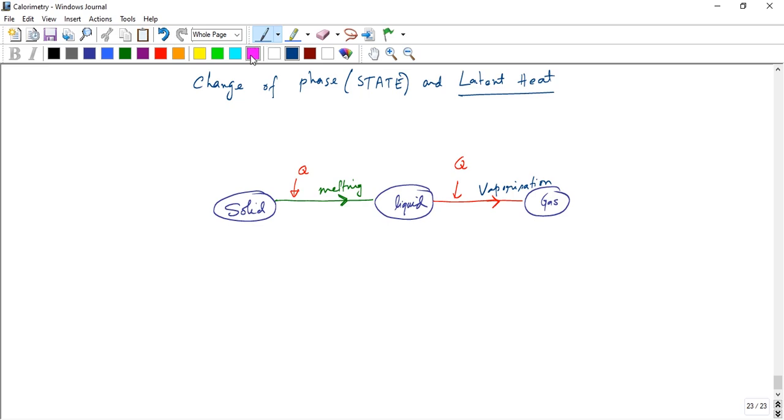Similarly, if gas releases heat, then gas turns into liquid, and this is called condensation. Similarly, if liquid loses heat Q, then liquid turns into solid, and this is called freezing.